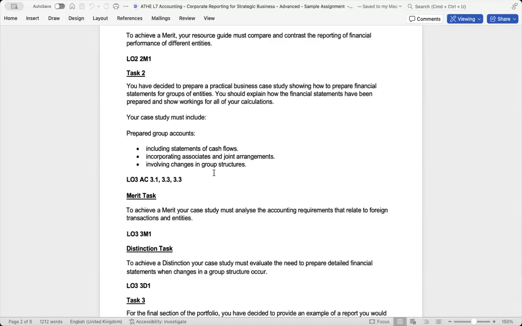Show detailed working for all calculations, and explain the process and methodologies used in preparing the financial statements. For this task, you can see learning outcome 3, our third lecture.